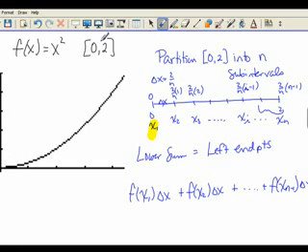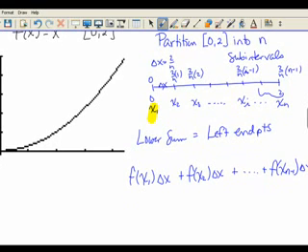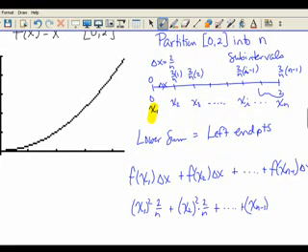So what does our function do? Our function squares. So let's see how I can write this. Well, alright, so this is going to be x sub 1 squared times delta x, 2 over n, plus x sub 2 squared times delta x, 2 over n, and so on until we get x sub n minus 1 squared times 2 over n.